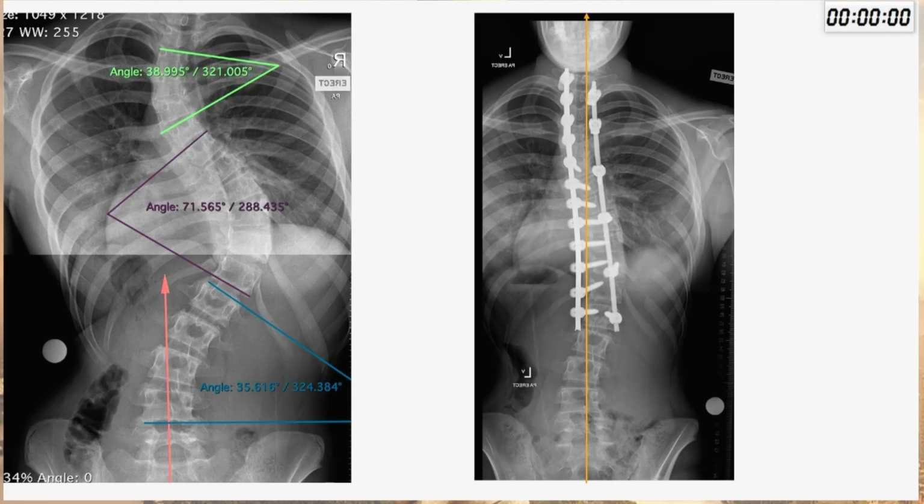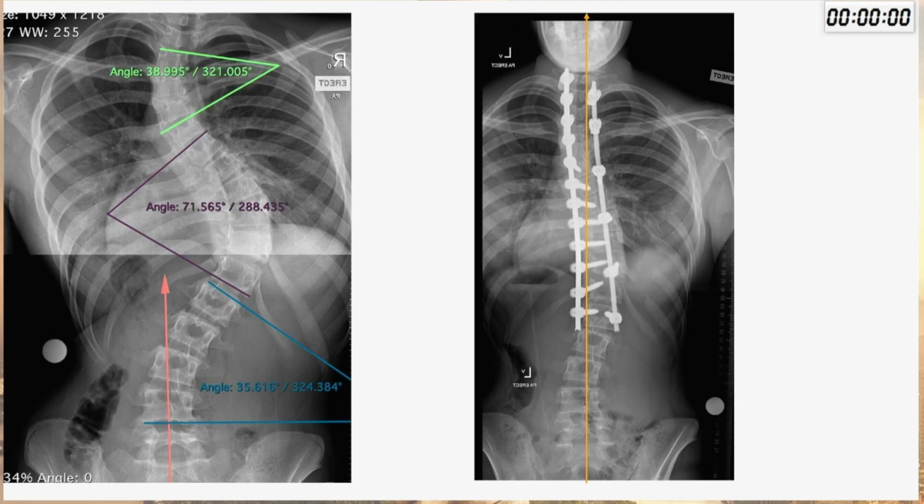Yes. The blue line downward for measuring the Cobb angle, is L4 included in the curve, or do you want to measure from L3? I think it's included because the disc L3-L4 is tilted, and there's a very slight rotation still.